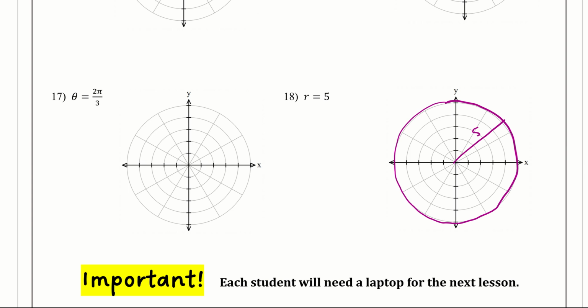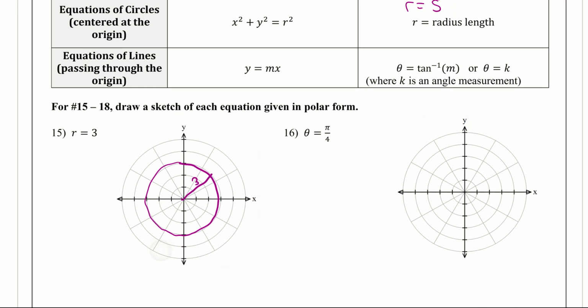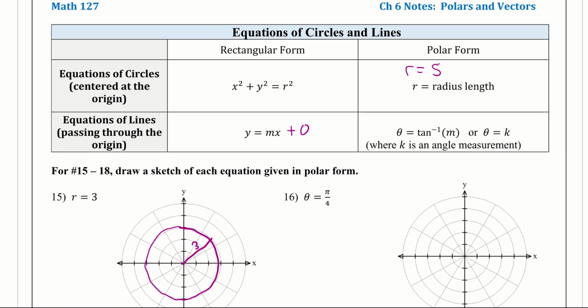Right on there. Okay, so the other thing we might have is some lines. A common way for these lines to look, if they are not horizontal or vertical, is ones that pass through the origin. We would have y equals mx plus b, but the b value is 0 if it goes through the origin. When we're looking at a polar form for an equation of a line, you're going to see 2 different ways.